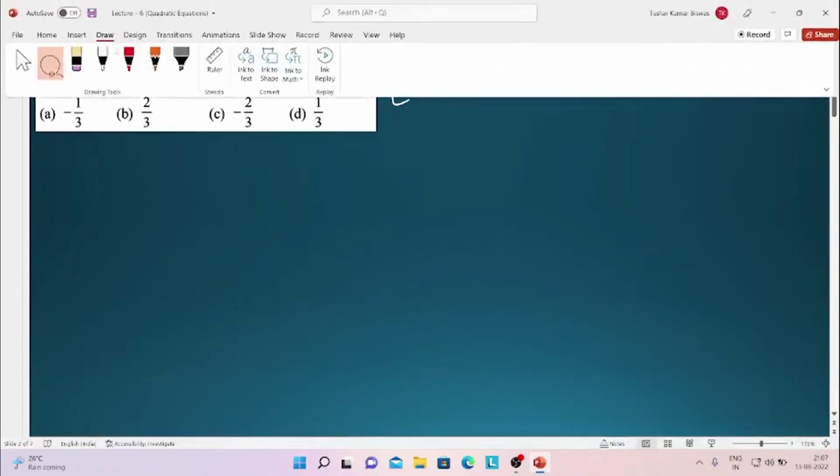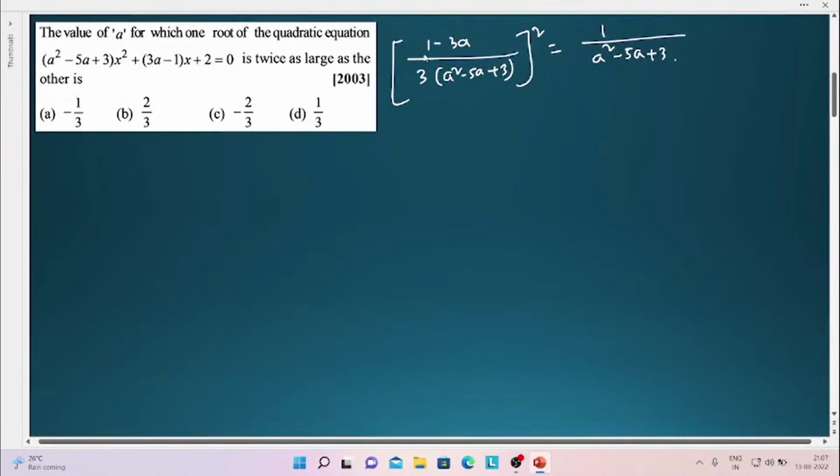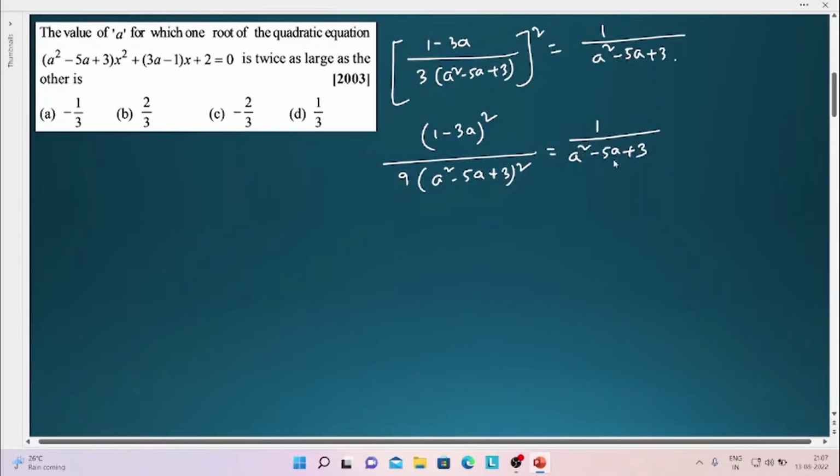Yeah, so if we solve this particular question, then it will be (1 minus 3a) whole square upon 3 square, which is 9 times (a square minus 5a plus 3), that part whole square, equals to 1 upon (a square minus 5a plus 3), right?